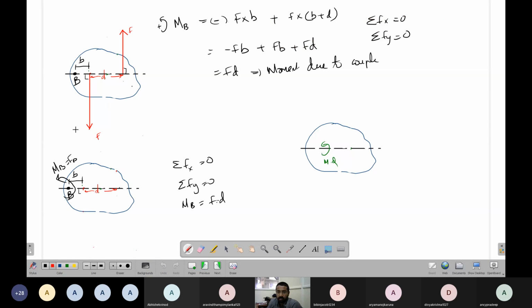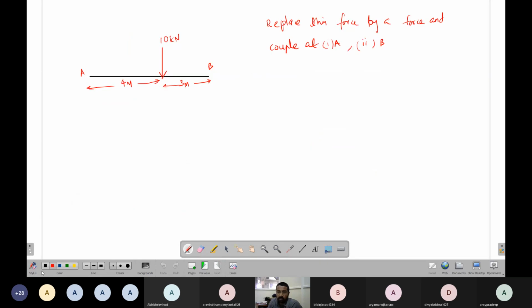So a couple, you can replace by this or you can replace by this. In a moment, it is a couple. Ultimately, what you need is something like this.